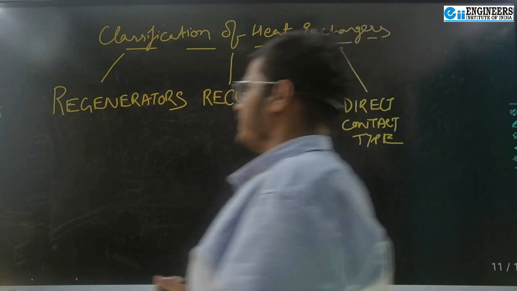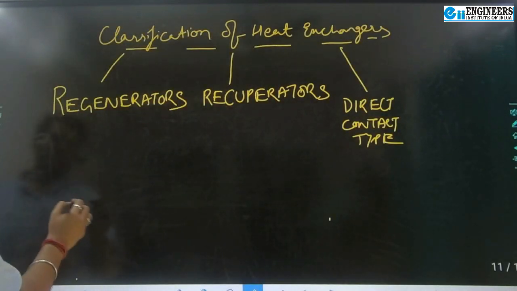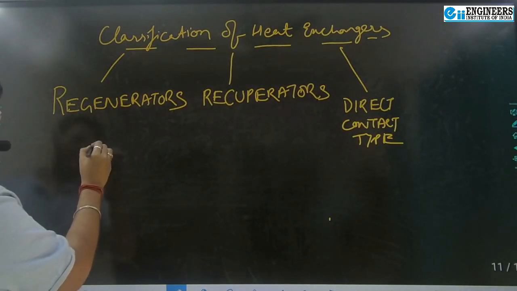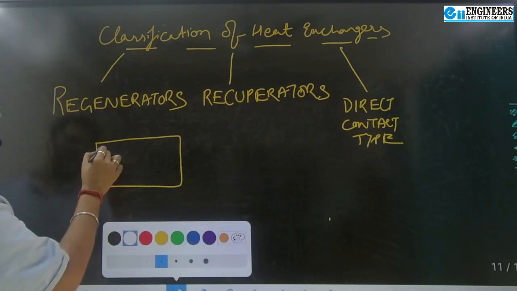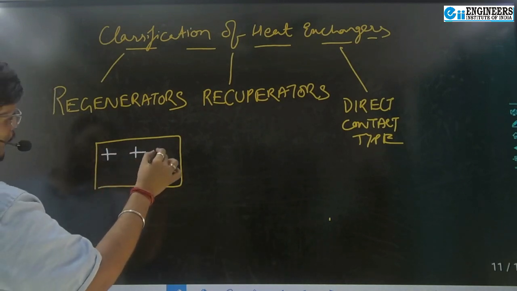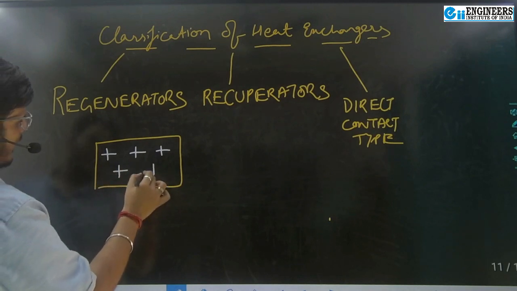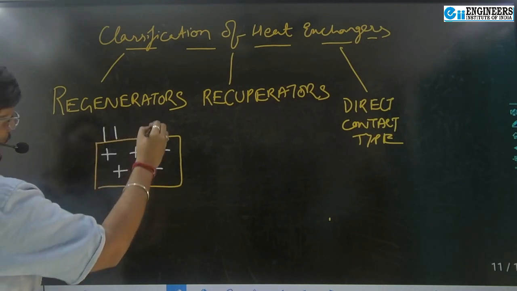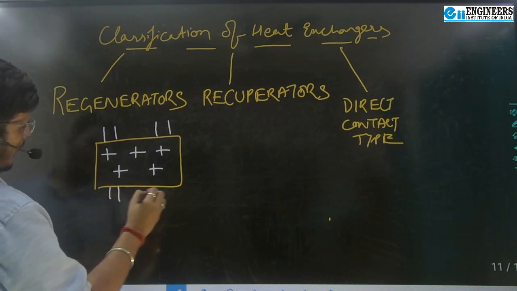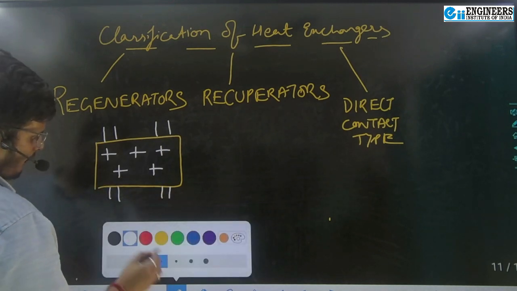So moving towards the regenerators. Regenerator means there will be the same surface. This same surface will have some high heat capacity matrices in which two different fluids, the hot fluid and cold fluid, will be flowing.